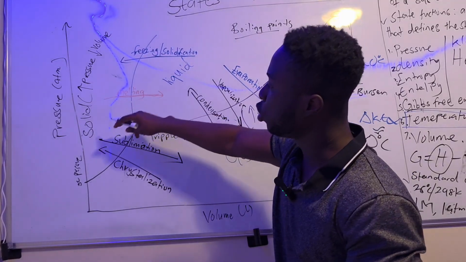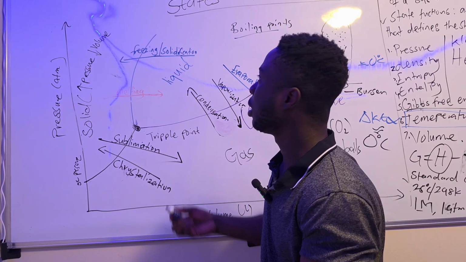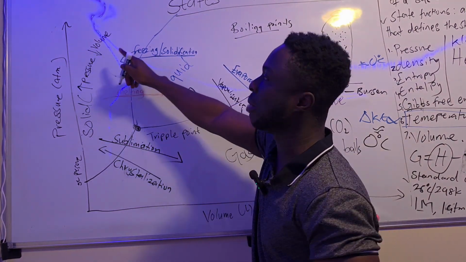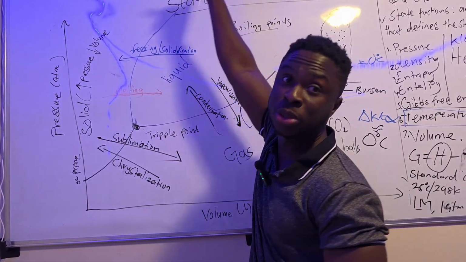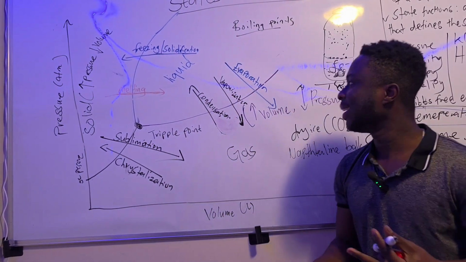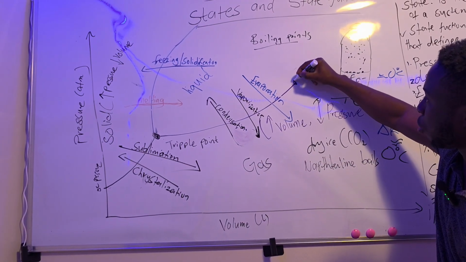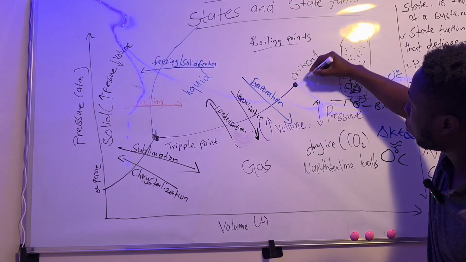Now, the boundary between liquid and solid goes all the way to infinity. As long as you keep on increasing the temperature, the pressure, and then the volume, this will go to infinity. But the boundary between liquid and gas terminates at a point that we call the critical point.